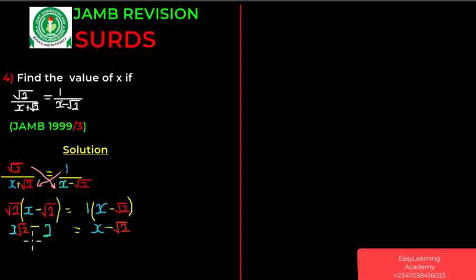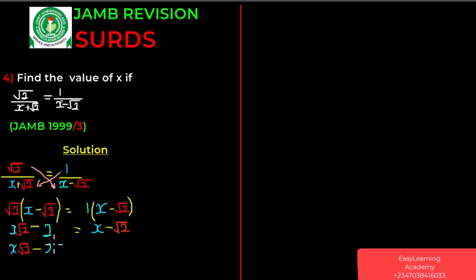The next thing we are going to do is collect like terms. All x will move to x, numbers will move to numbers. So we have here x square root of 2. This other x will move over, and what we're going to have is x square root of 2. Then this other x that came over had a plus sign. When it moves over, the sign changes, becomes minus x, of course.